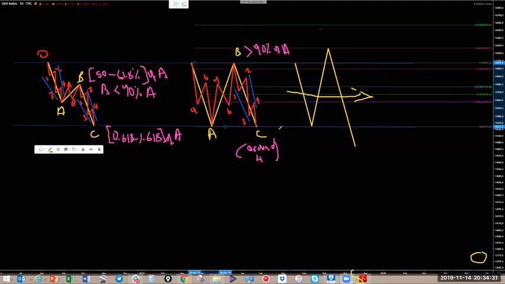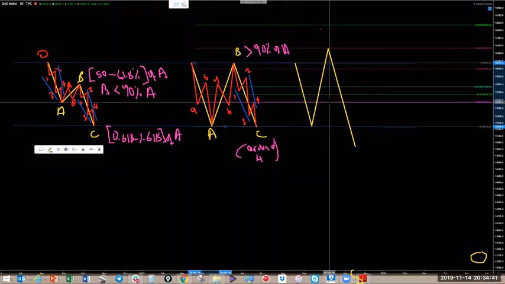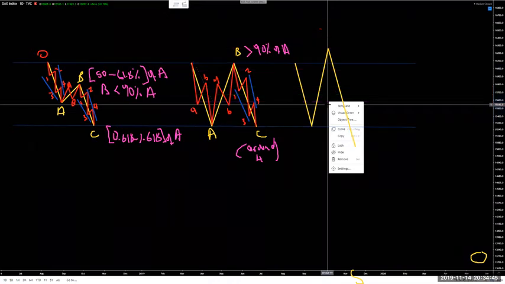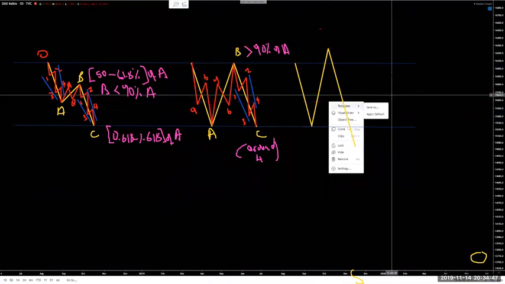You don't have specific Fibonacci levels from the wave theory on a regular flat. Okay, so let's take the Fibonacci levels off. So that is your expanding flat.